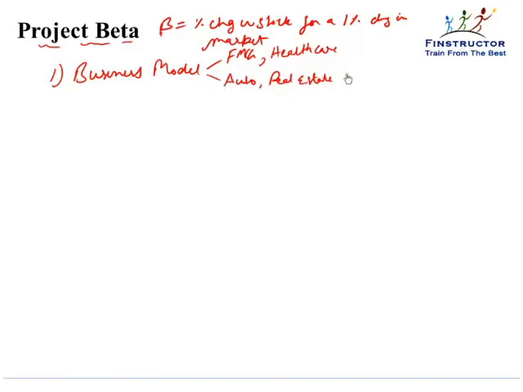So the business model per se is more risky, and in the case of FMCG companies, it is less risky. So autos and real estate would be expected to have a higher beta as compared to less risky business models. So that's one source of risk, or why beta exists.